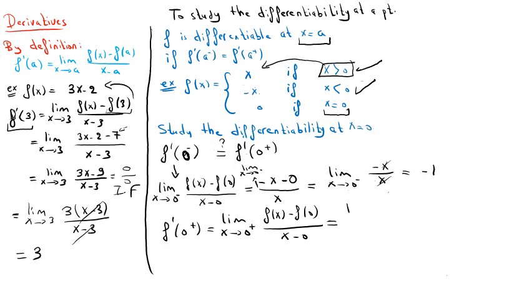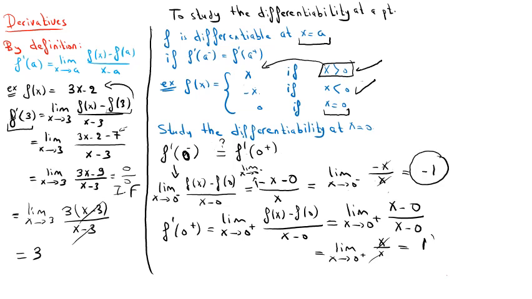So the answer will be the limit as x tends to 0 plus of x minus 0 over x minus 0. It is the limit as x tends to 0 plus of x over x. We can simplify, then the answer will be 1. So f prime of 0 minus is minus 1, and f prime of 0 plus is plus 1.